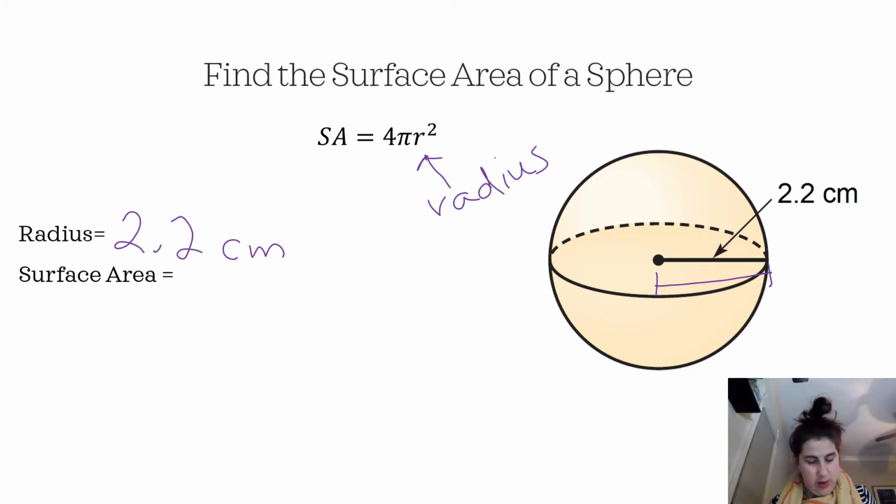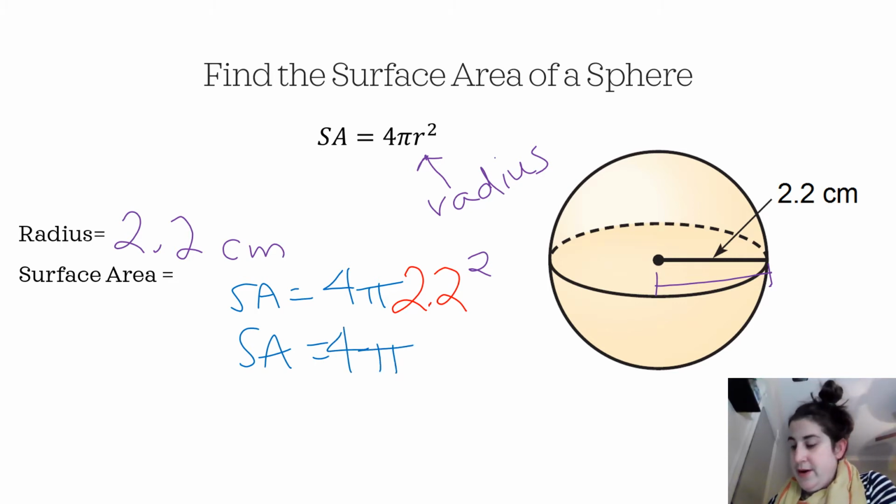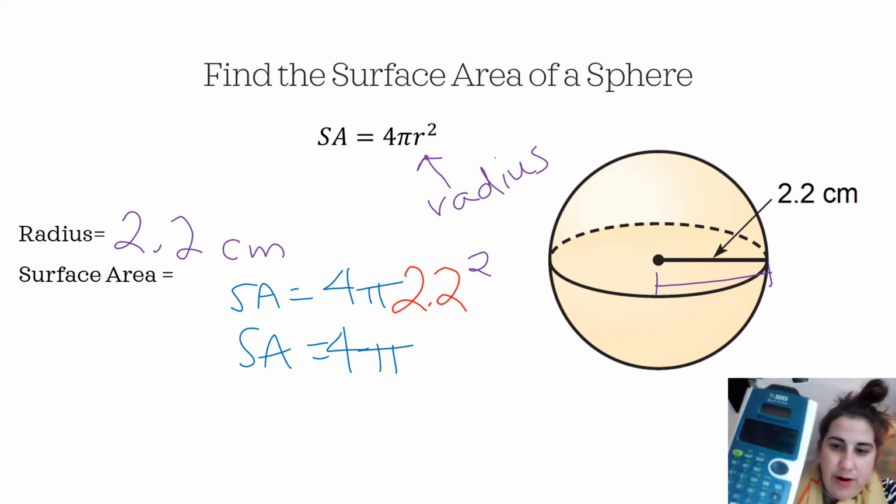So surface area equals 4 pi. What's my radius? 2.2, and then I need to square it. Let's put that in the calculator. 2.2 squared gives me 4.84.